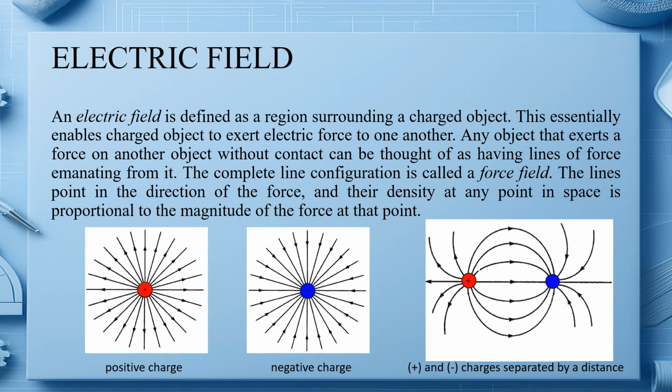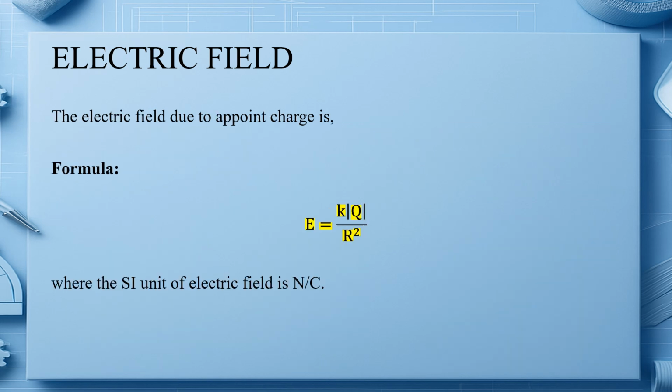Their force fields will combine because they are attractive. So opposite charges attract. The formula for the electric field due to a point charge is E is equal to K times the absolute value of Q over r squared. The SI unit for electric field is Newton per Coulomb.